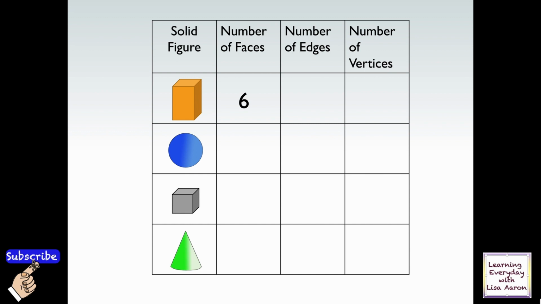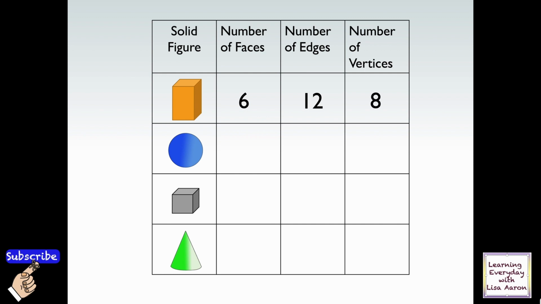How about the number of edges? 12. You got 4 on the top, 4 in the center, and 4 on the bottom. How about the number of vertices? That's where the corners meet. 4 on top, 4 on the bottom, 8.